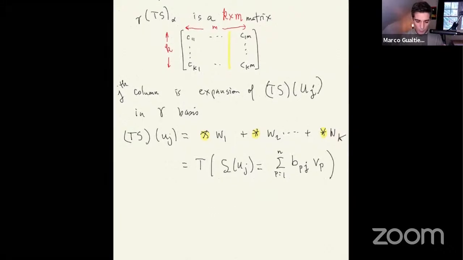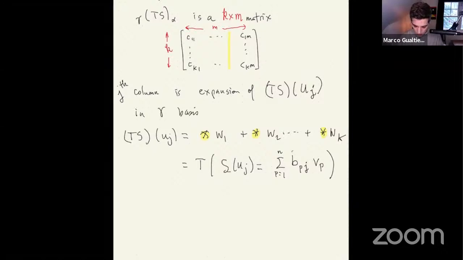So here what we see is the jth column of the S matrix.